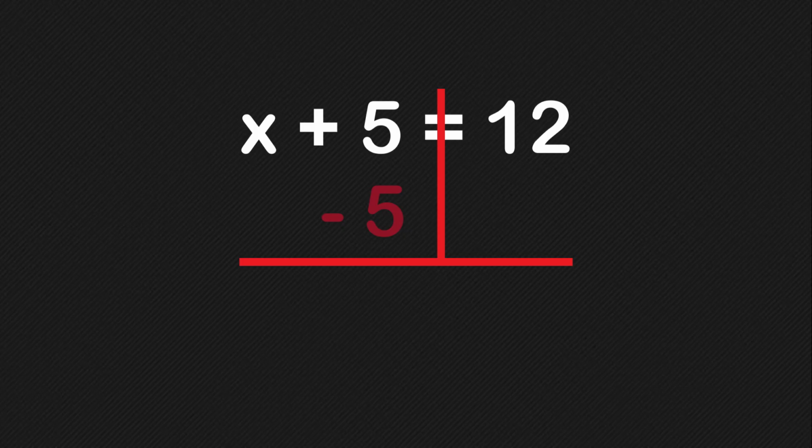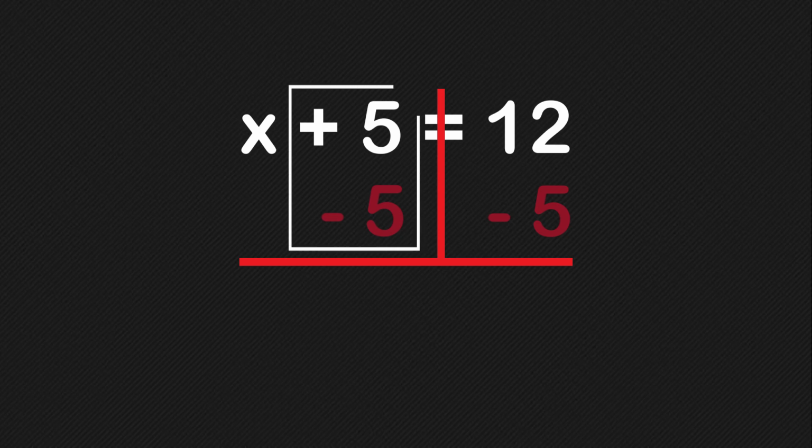Now you need to remember, an equal sign means everything on the left has to be equal to the right. And if we're going to put a minus 5 on the left, we have to put a minus 5 on the right. Now let's go ahead and do the math. This plus 5 and this minus 5, what is 5 minus 5? Well, positive 5 minus 5 is going to be 0, so we can go ahead and just cancel those out.